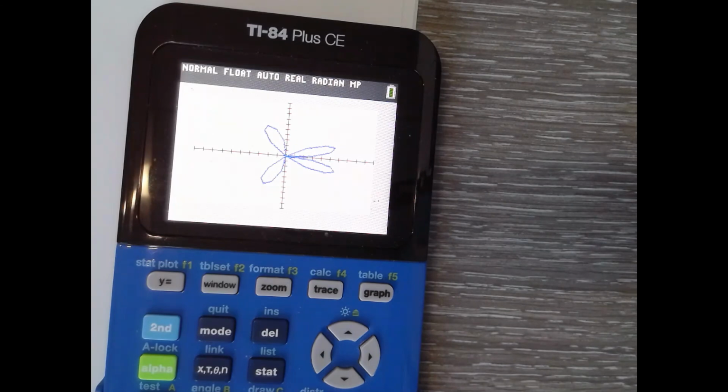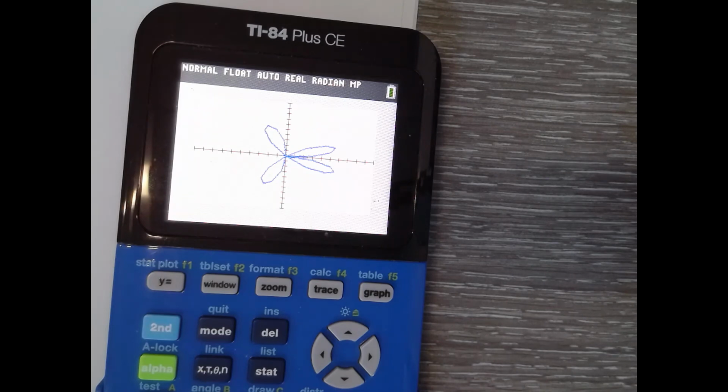You did 4, not 4 theta. The theta is right here. Oh, okay, that makes sense.